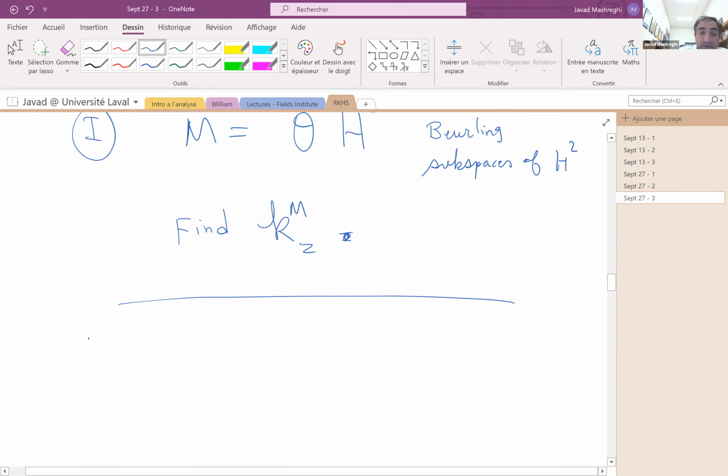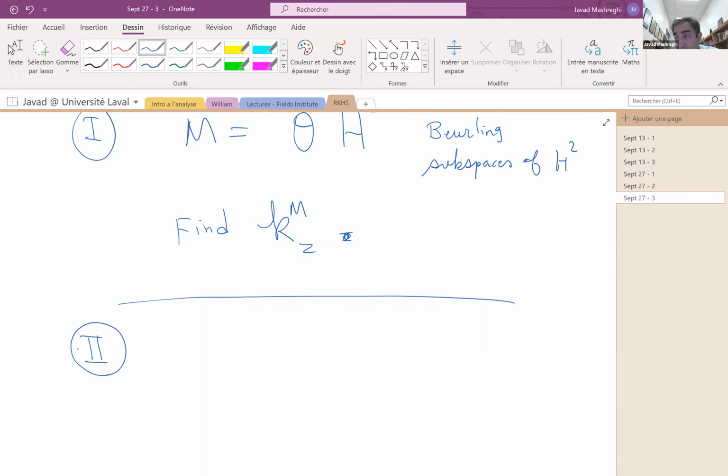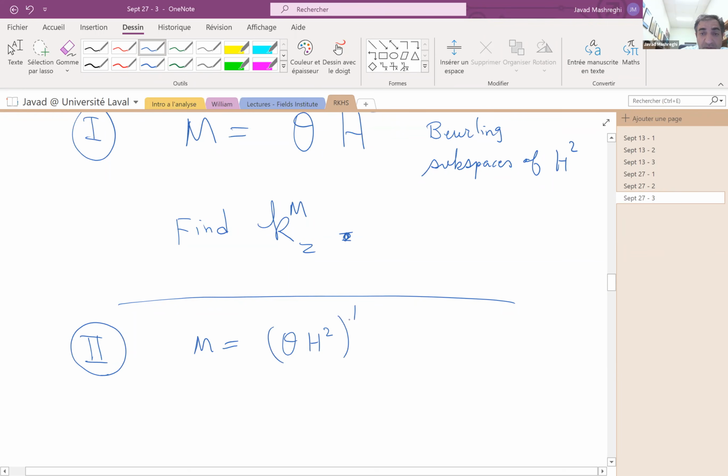Second category is the complement of this space. We know that if a subspace is given, either closed or not, its orthogonal complement is for sure a closed subspace. So the second category is the orthogonal complement of theta H2. To emphasize that the orthogonal complement is taken in H2, it is better to write it as H2 minus theta H2.